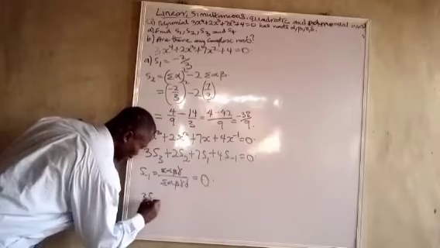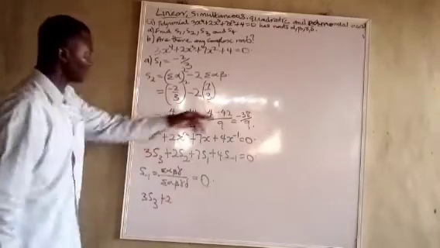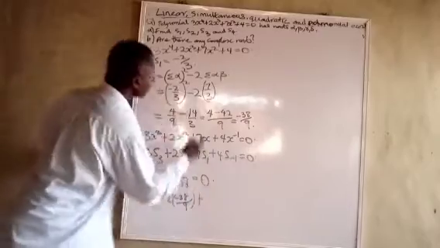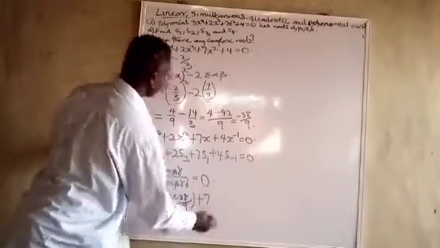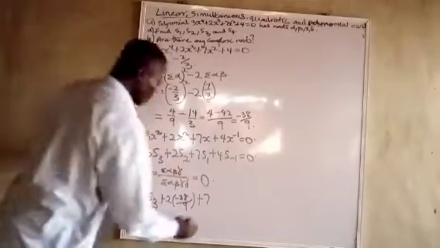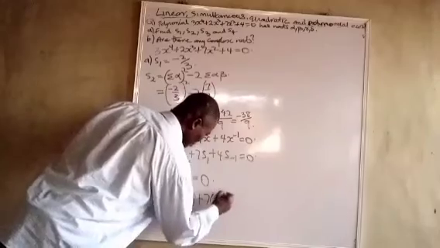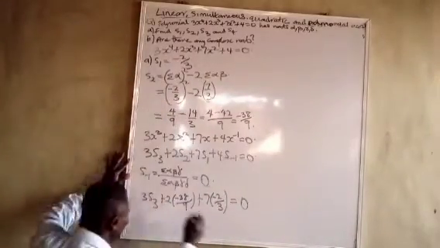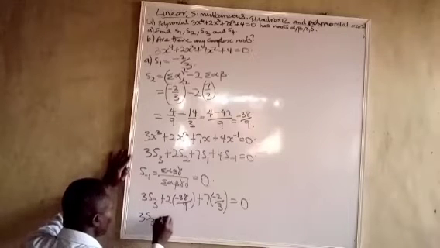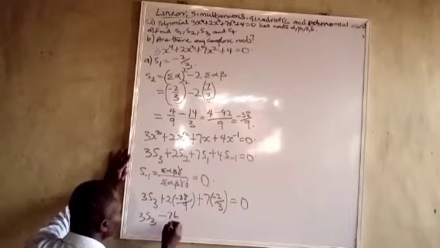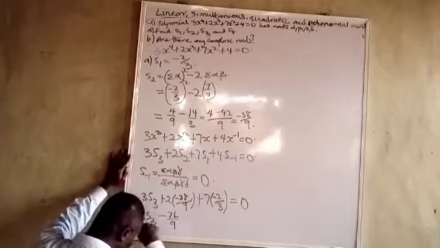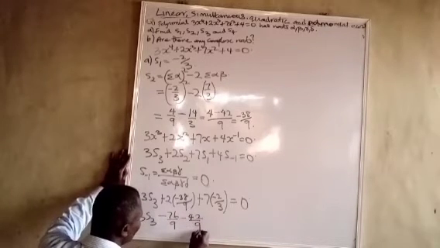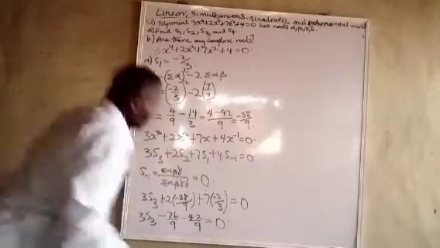Now let's work everything out. Now we have 3s3 plus 2 times s2, which is minus 38 over 9, plus 7 times s1, which is minus 2 over 3, equal to 0, since this one is 0. Now let's work. We have 3s3 minus 76 over 9, this one is 14, 14 times 3 minus 42 over 9 equals 0.